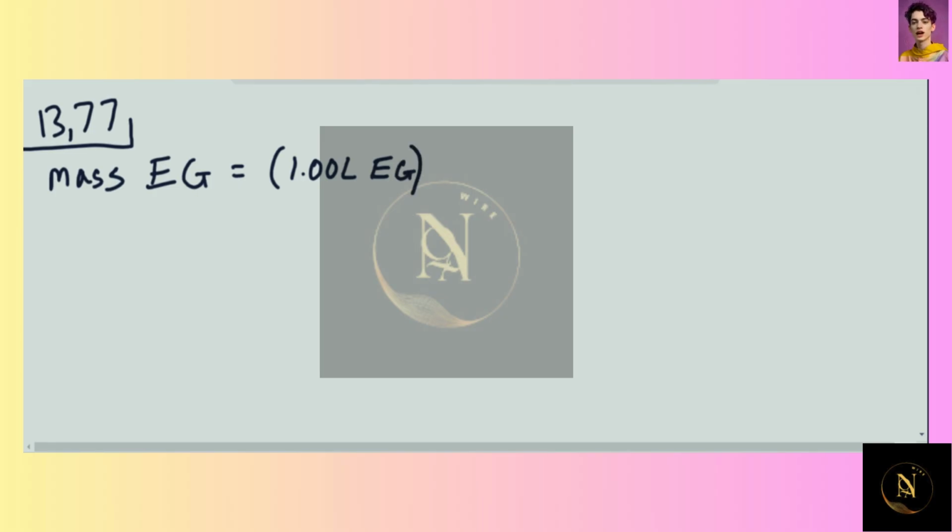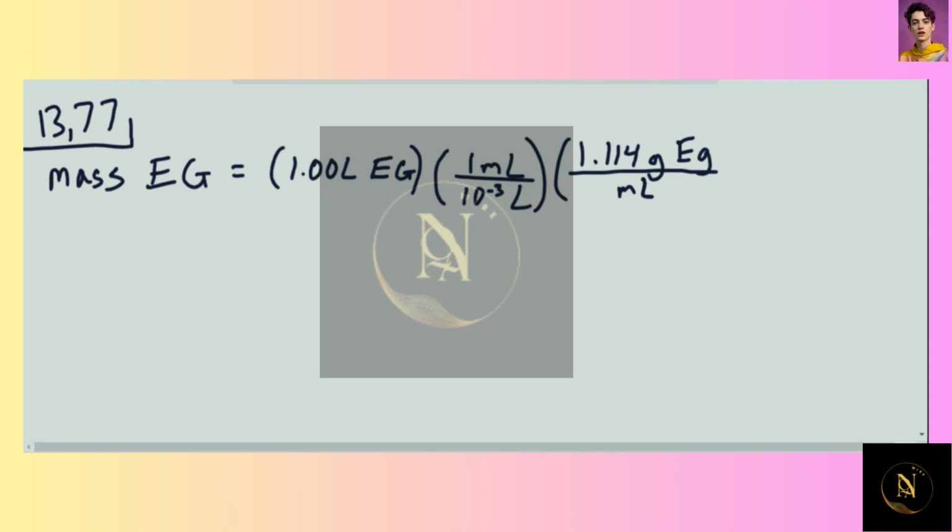We convert to milliliters first, because the density value is given in grams per milliliter, and then multiply by the density. Milliliters and liters cancel, and we get a value of 1114 grams of ethylene glycol.